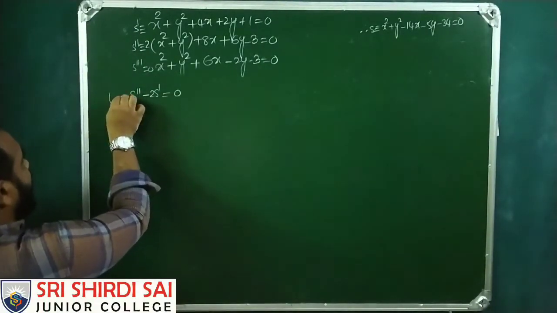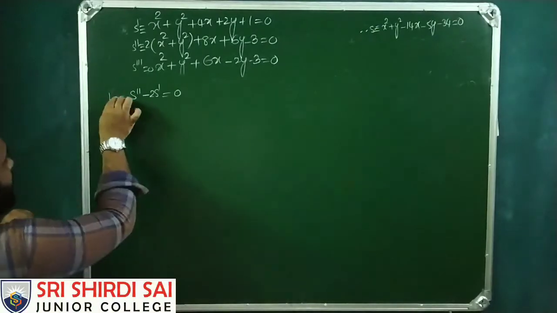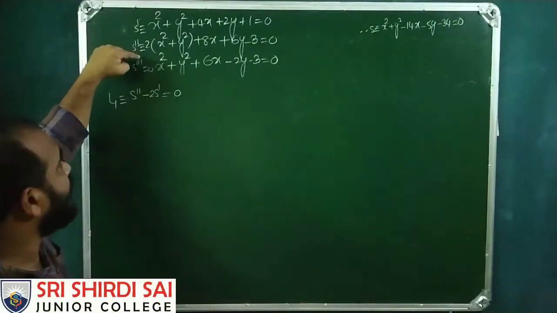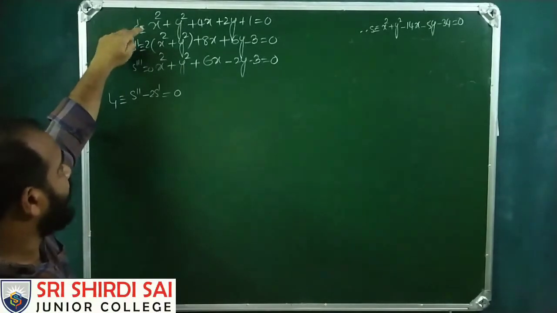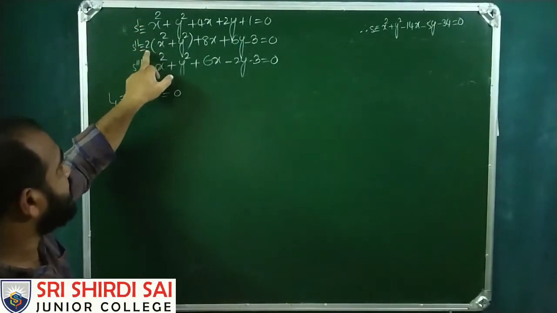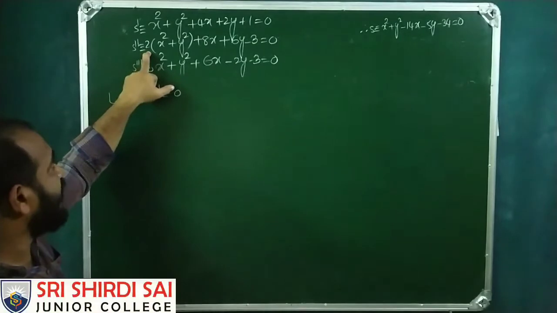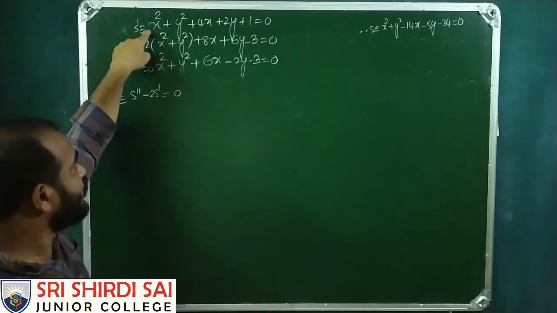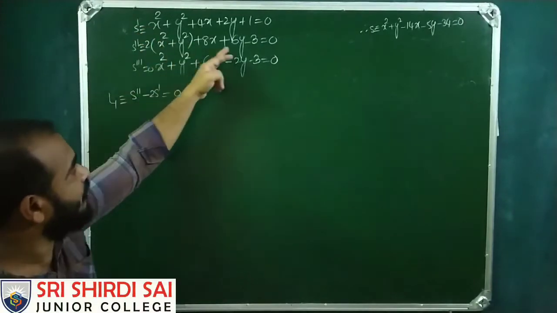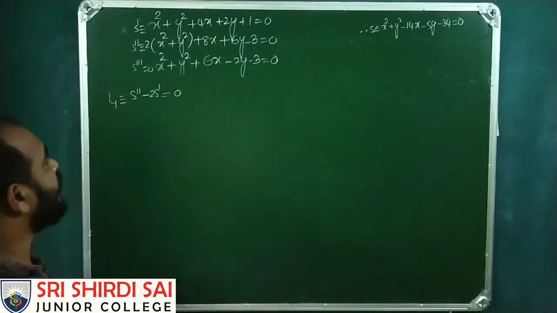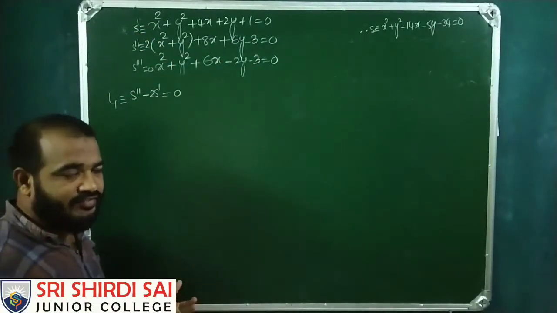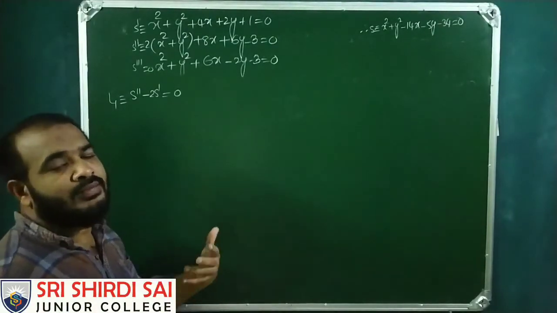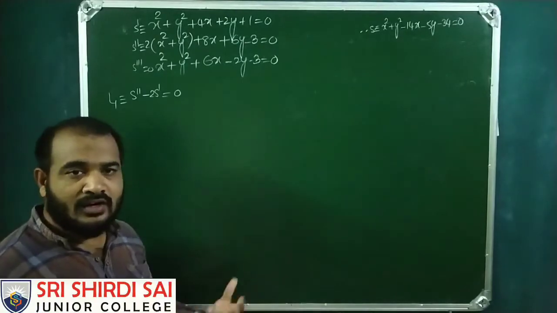So this be L1. L1 is the radical axis of these two circles. Therefore, we may divide by 2, or we will multiply with 2. This is better, because otherwise we will be getting fractional values. Of course, if we get fractional values also, no problem, but the simplification would be a little bit difficult.